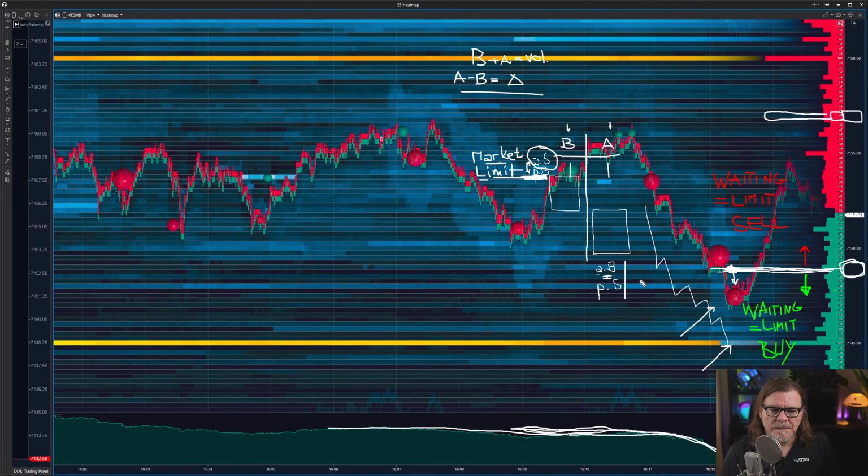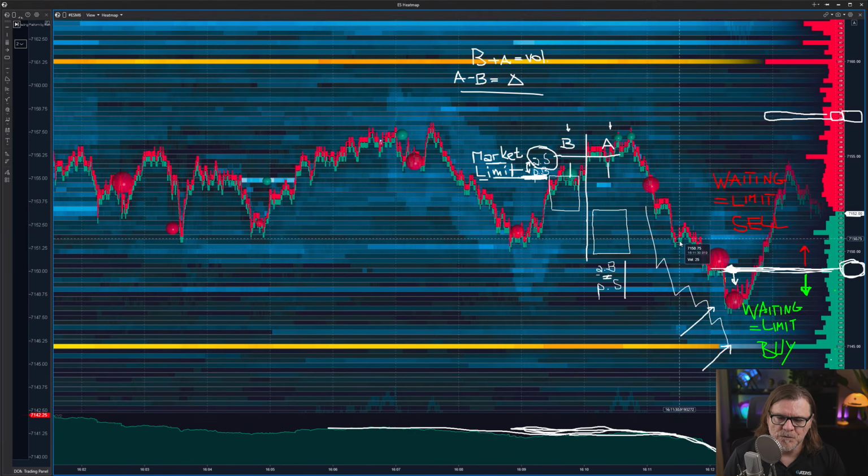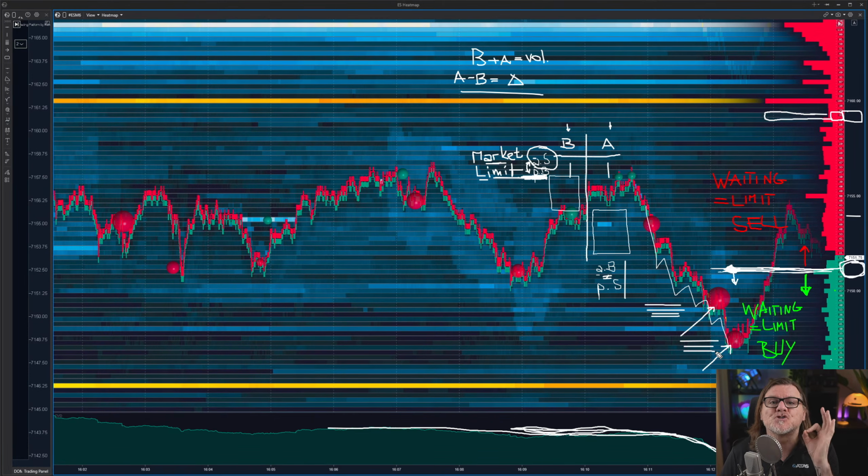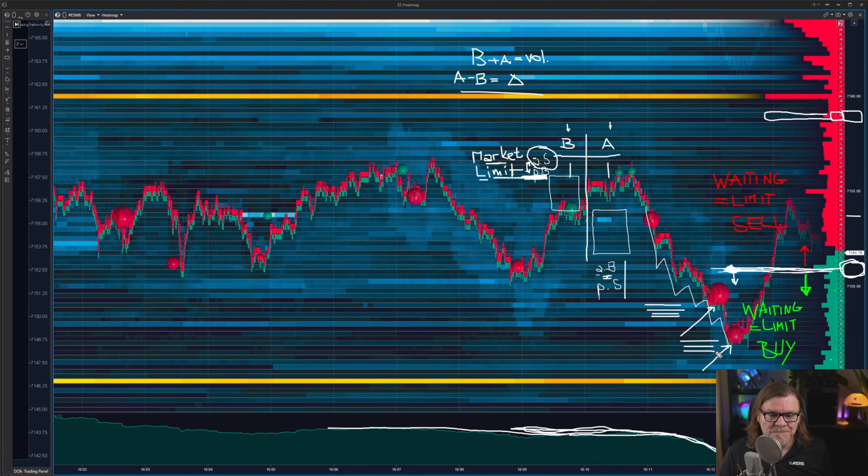And when the price started moving downwards, they placed waiting limit orders at these levels, and they absorbed the movement.